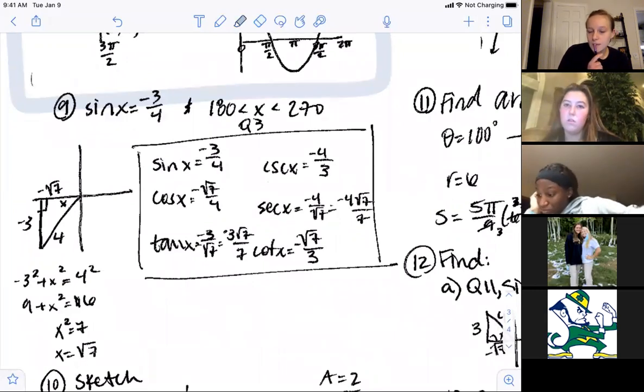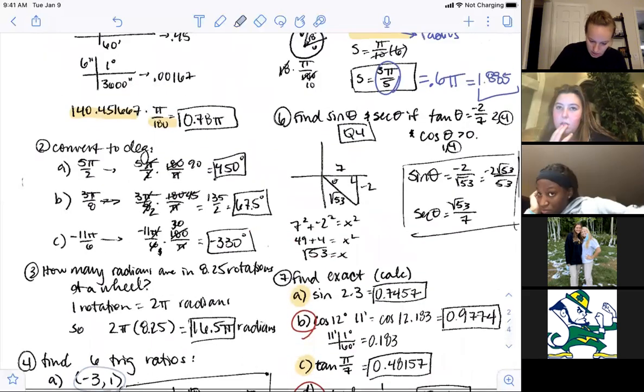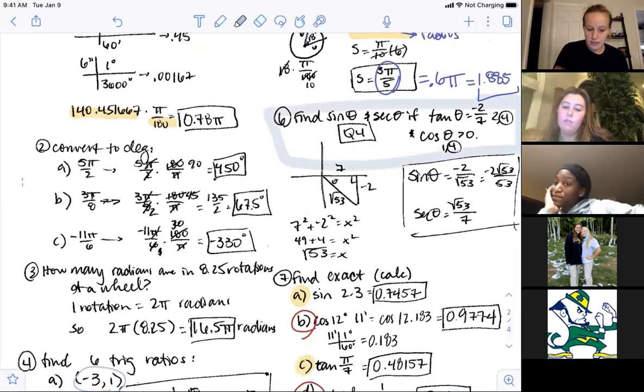Yeah. So this one's a lot similar to number 6, where I gave you tan was -2/7, and I told you that cosine was something. So I had to figure out which quadrant we were going to overlap in, like where tangent is negative and cosine is positive.